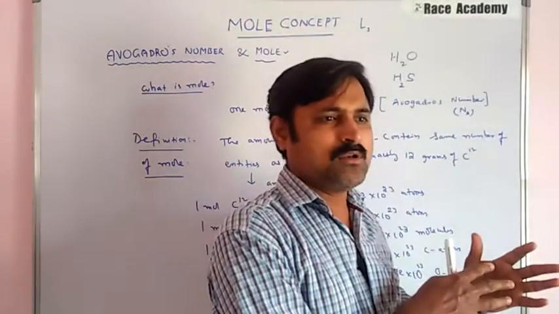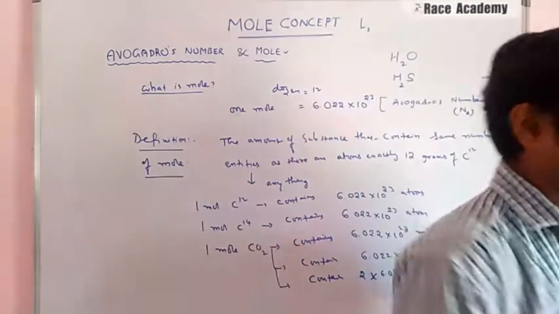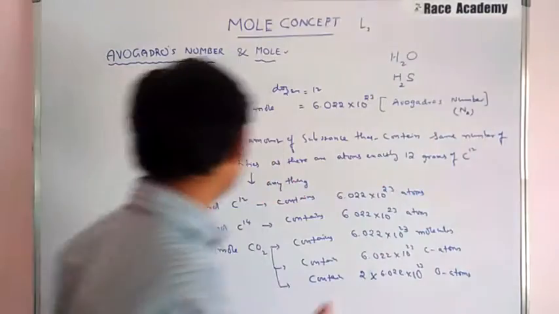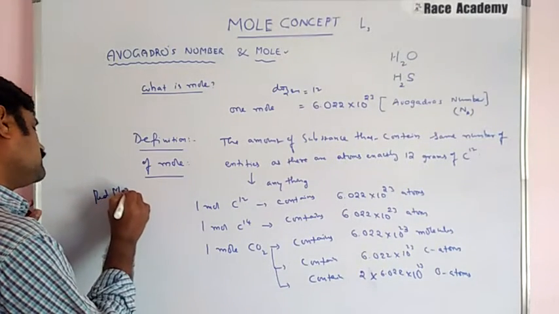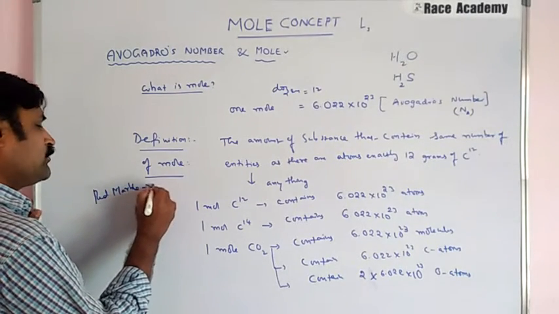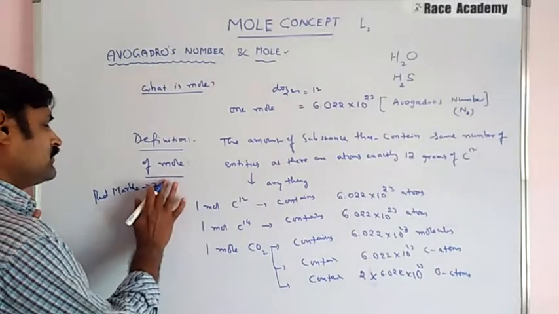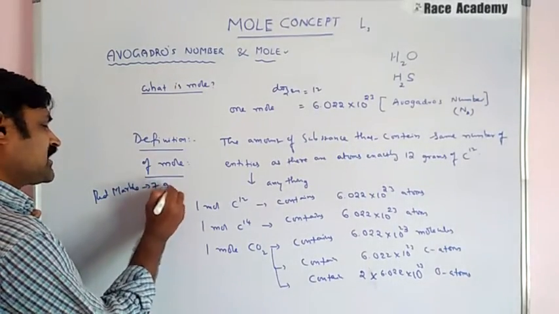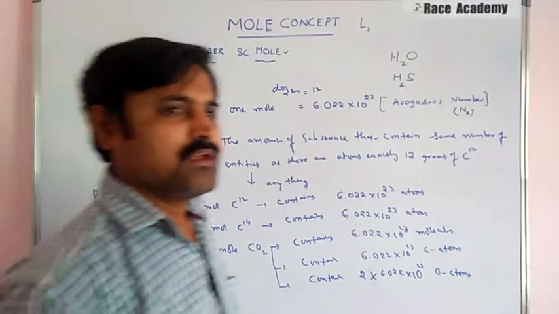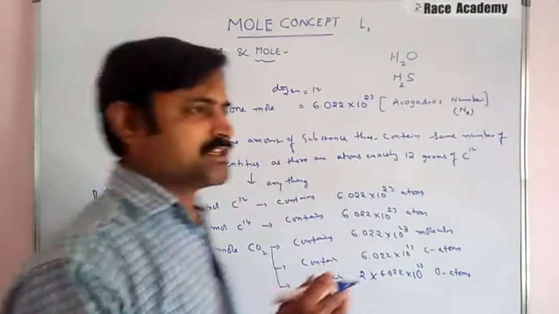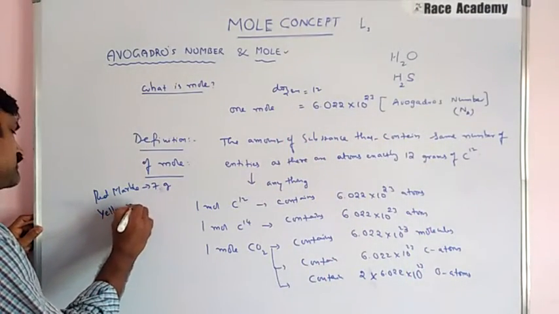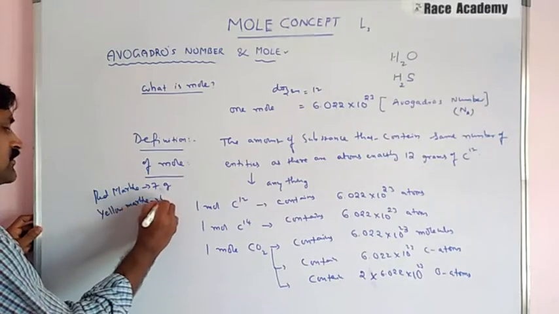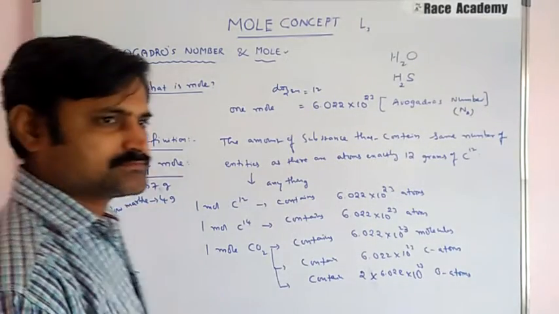Assume each red marble weighs 7 grams, and each yellow marble weighs, suppose, 4 grams.